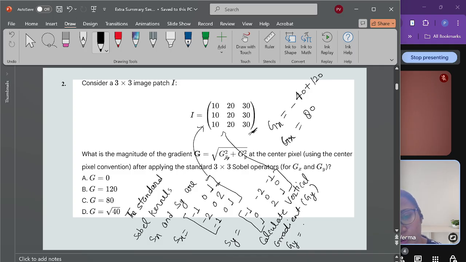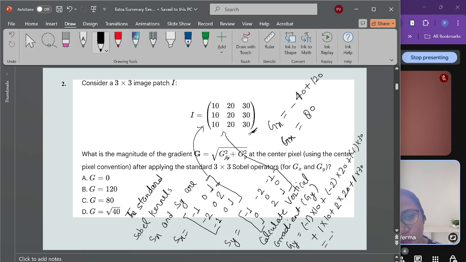Here we have -1 into 10 plus, I'm not calculating for the 0 ones because all those values will be 0 only, -2 into 20 plus -1 into 30, right? Plus again 1 into 10 plus 2 into 20 plus 1 into 30.